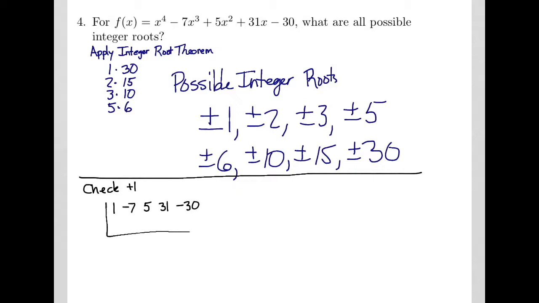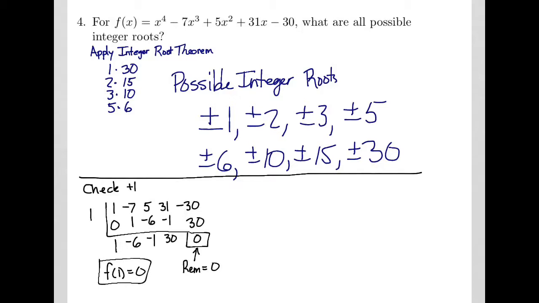Then I put down the test root, start with a 0, and then I go down, I add, I multiply by 1, I add, I multiply by 1, I add, I multiply by 1, I add, multiply by 1, I add, and I get a remainder. The final number is my remainder, and so in this example, f of 1 equals 0, and I found a root.